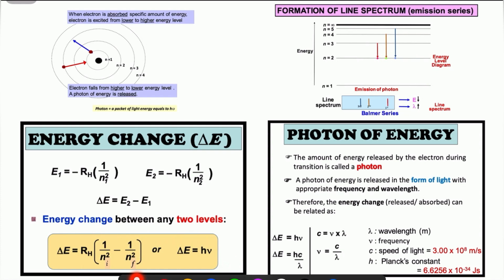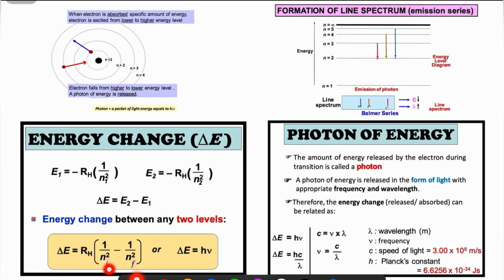For example, if the electron makes a transition from the lower to the higher energy level, and the lower energy level is n equal to 1 and the higher energy level is n equal to 3, it starts at the initial energy level of 1.